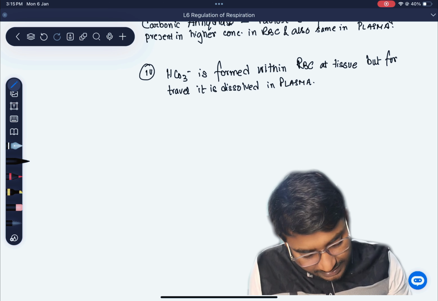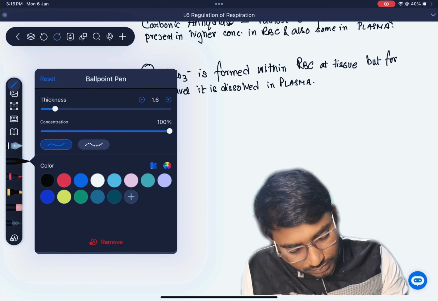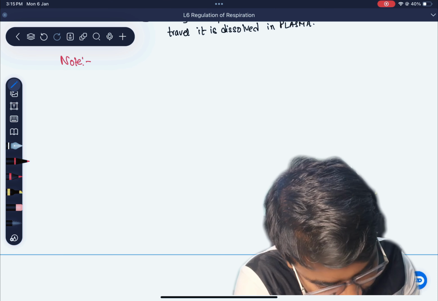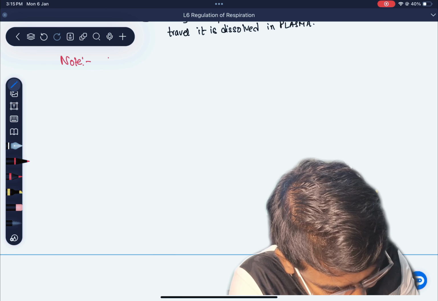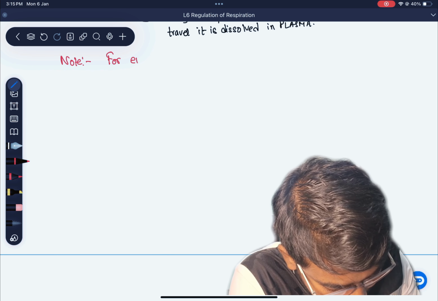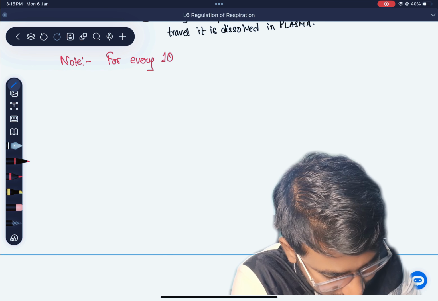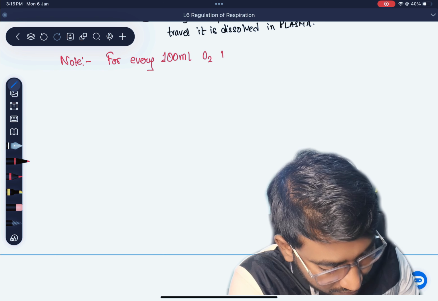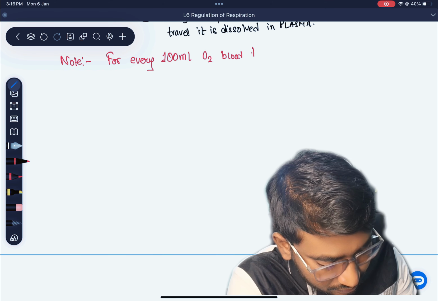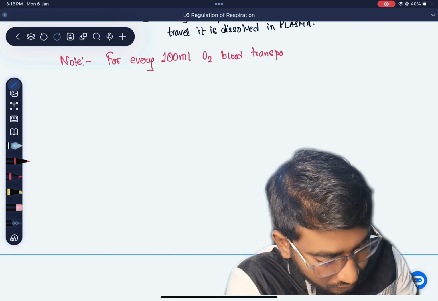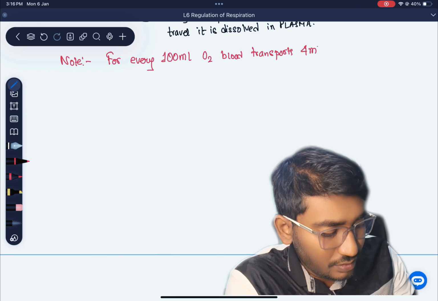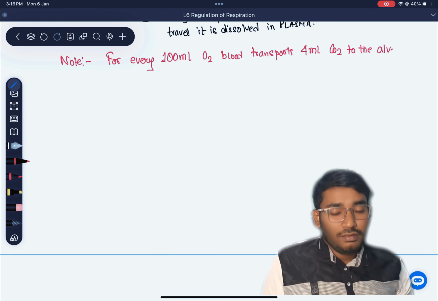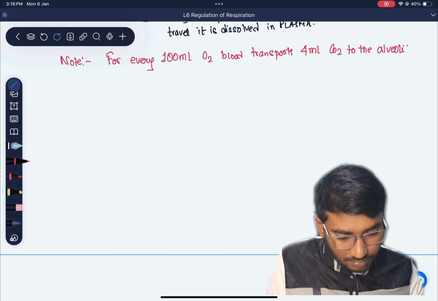Now take it as a note: every 100 ml of oxygenated blood transports 4 ml carbon dioxide to the alveoli. Remember.